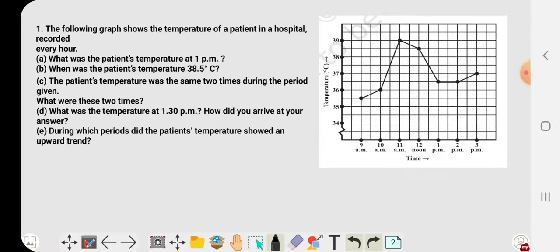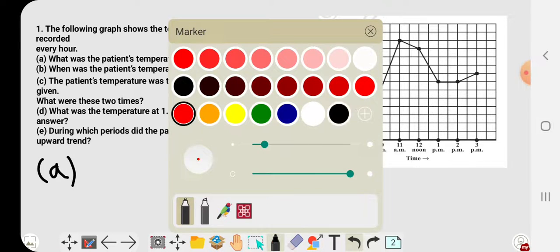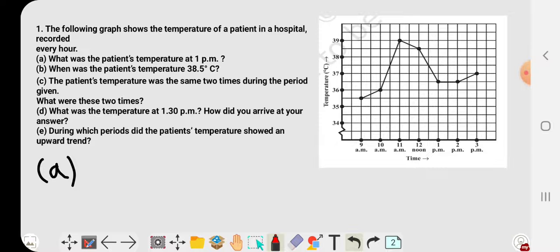Now part A is, what was the patient's temperature at 1 p.m.? This is the time on the x-axis and temperature on the y-axis. So what is the temperature of the patient at 1 p.m.? You have to see horizontally here.